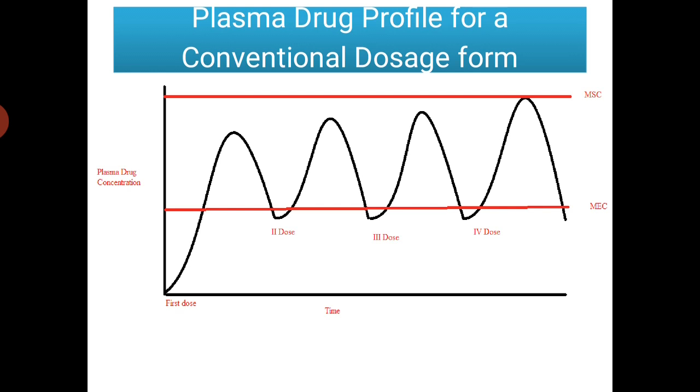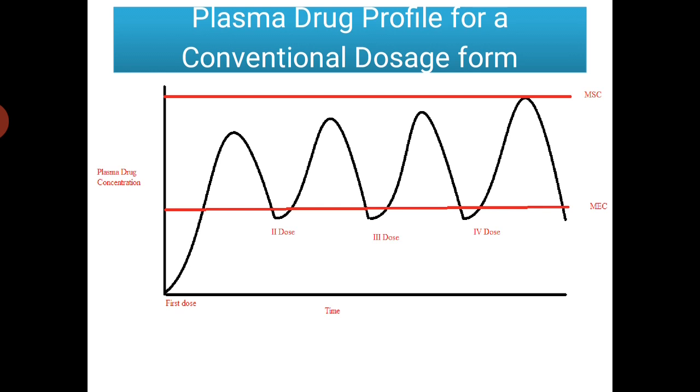It attains a peak value, then it slowly reduces, and it again comes below the minimum effective concentration. Once it again reaches the minimum effective concentration, we administer the third dose. The third dose again attains a peak value, then it comes down. The fourth dose we administer, again it goes high. So this is what happens if you are administering a conventional dosage form.